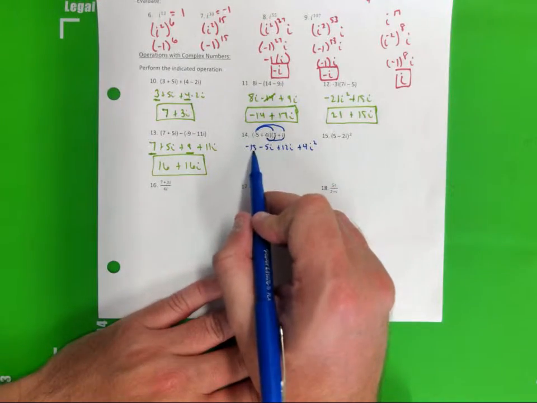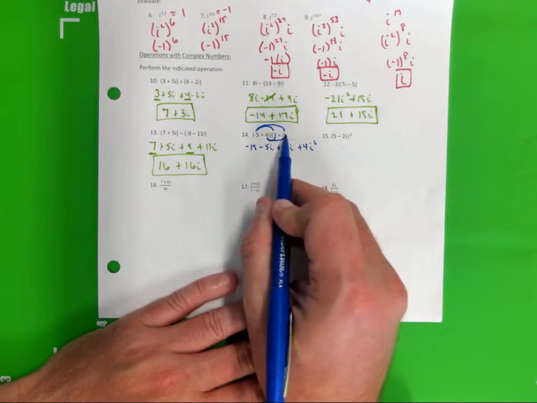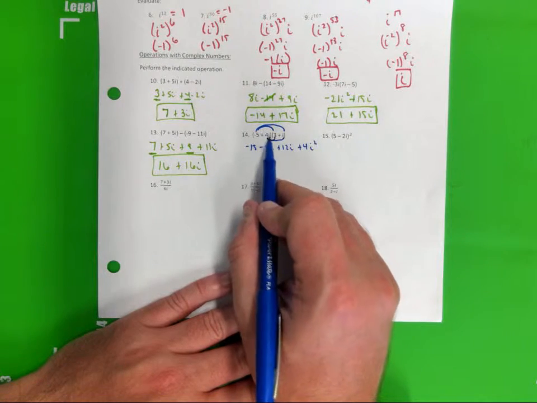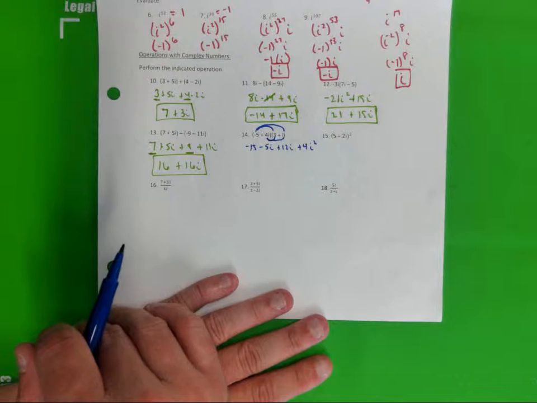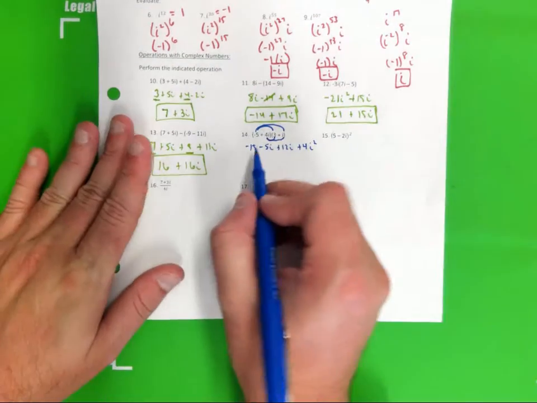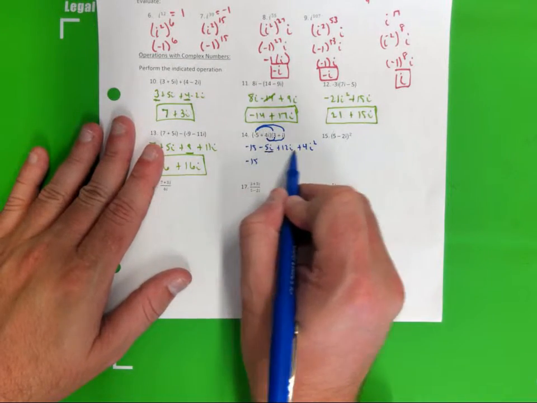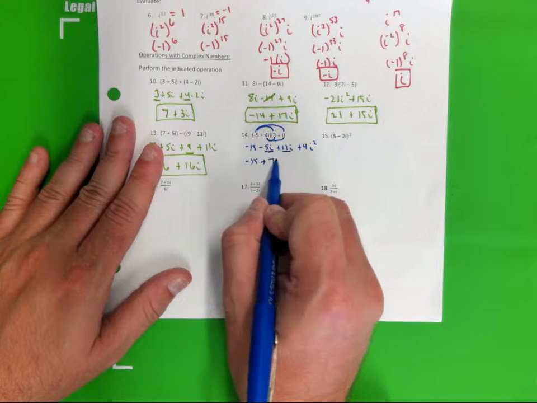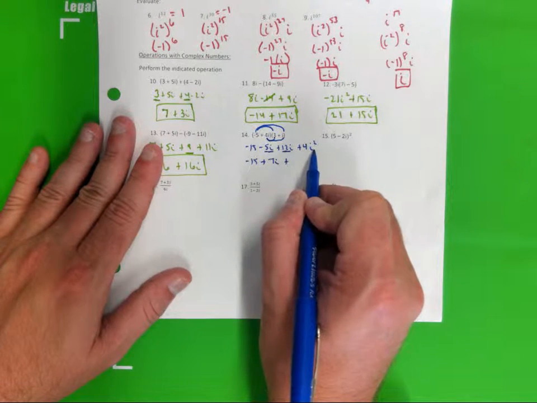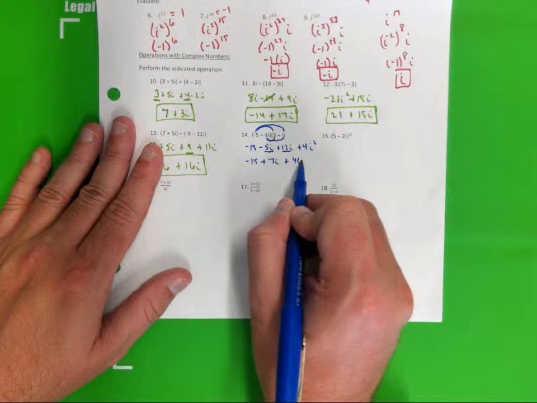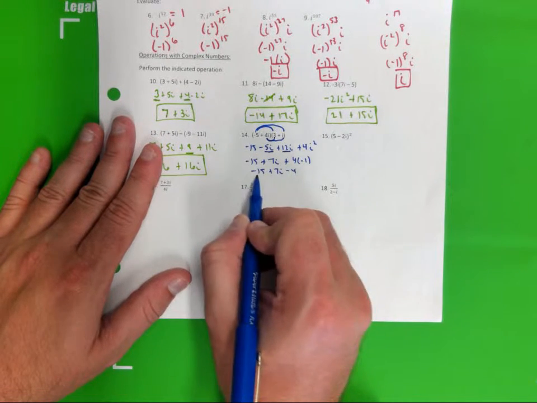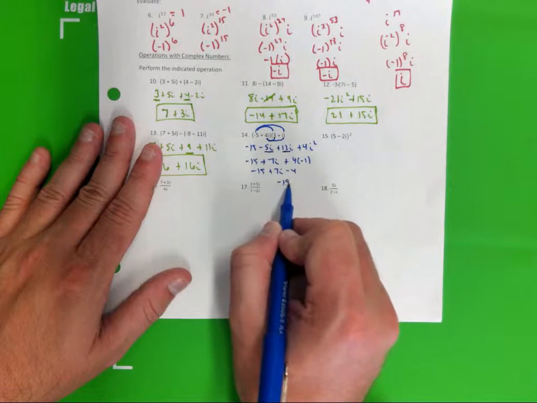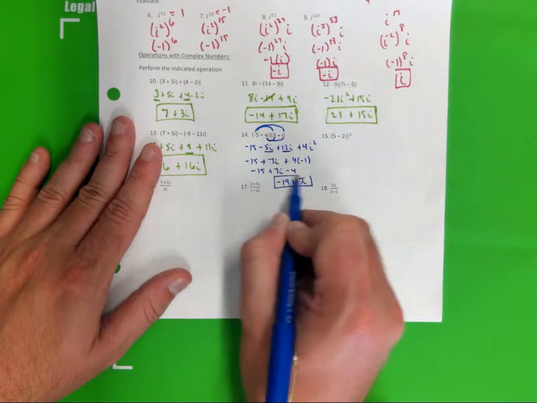Combine like terms. Can I leave that i squared in there? No, so it's 4 times a negative 1. Negative 15 and negative 4 gives you negative 19 plus 7i.